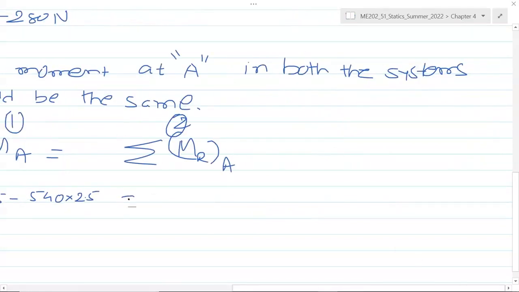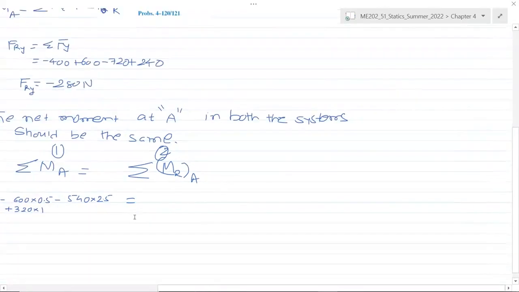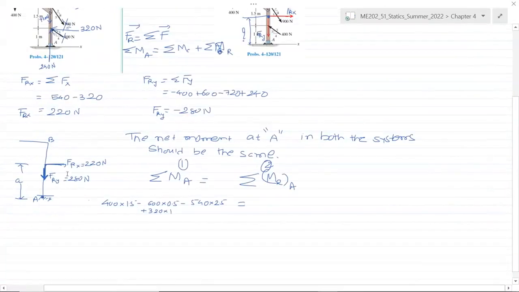And the moment because of the resultant force components about A: Fry has no moment about A because it's passing through A. It's only Frx multiplied by a, and that's clockwise, so it's negative. So this is minus Frx multiplied by a. Everything here we know except a. Frx is 220 multiplied by a. This negative sign is because this results in a clockwise moment about A. So the whole left side of the equation is minus 730.